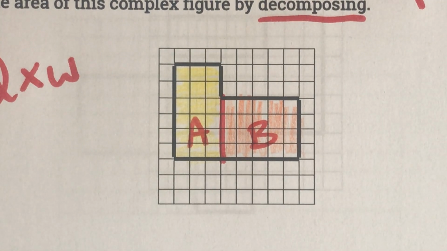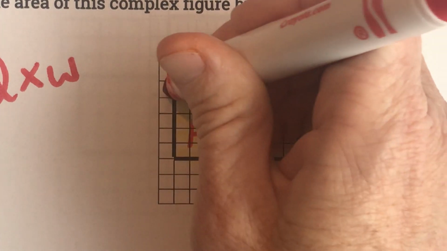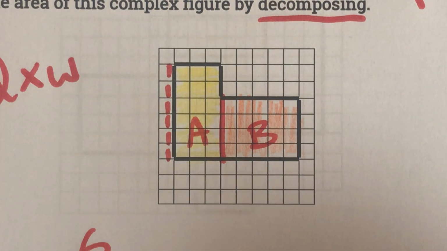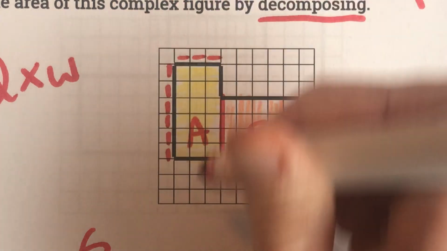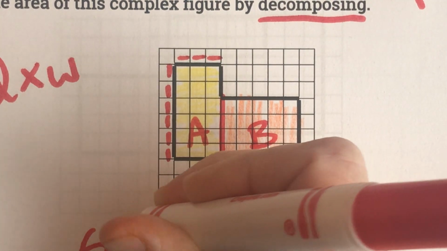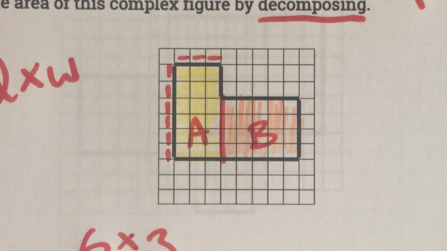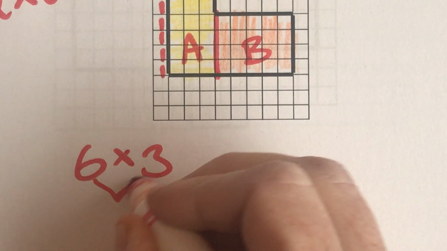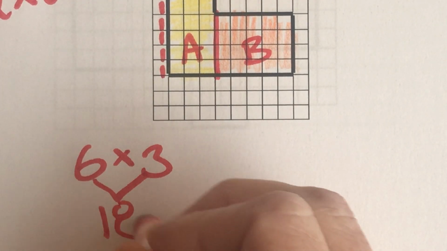So what is the area of my first one? Well, area is length times width. So my length is 1, 2, 3, 4, 5, 6. And my width is 1, 2, 3. So area is length times width. And 6 times 3 is 18.